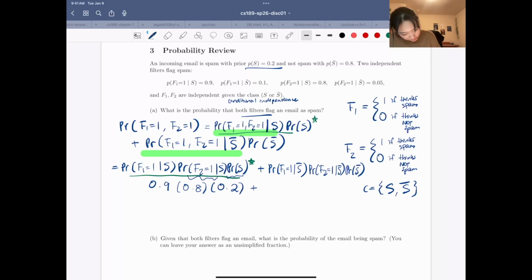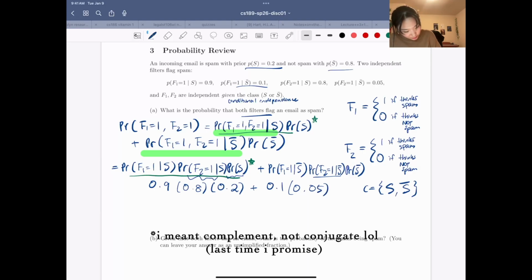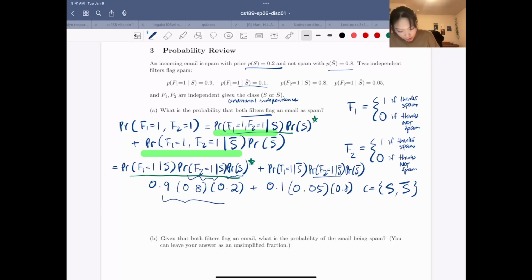And we add this to the probability of filter 1 thinking it's spam given that the mail wasn't actually spam, which is 0.1. And then this here is 0.05. And the probability of S conjugate is 0.8. If you calculate this, we'll get 0.144 plus 0.004. And this gives us a final probability of 0.148.